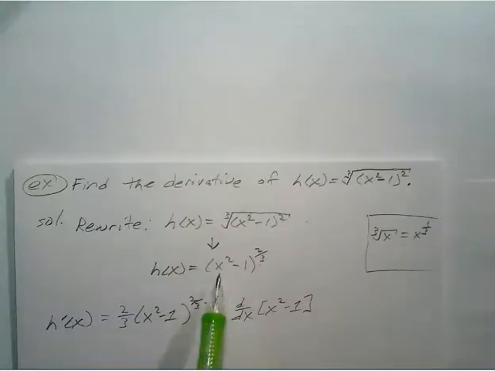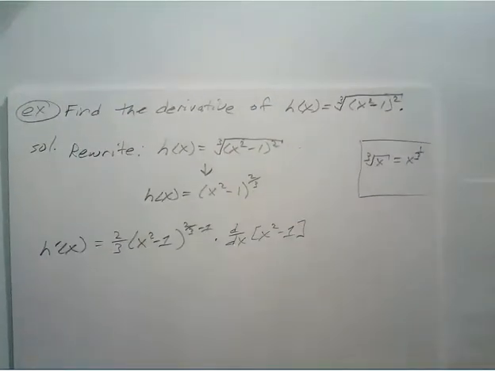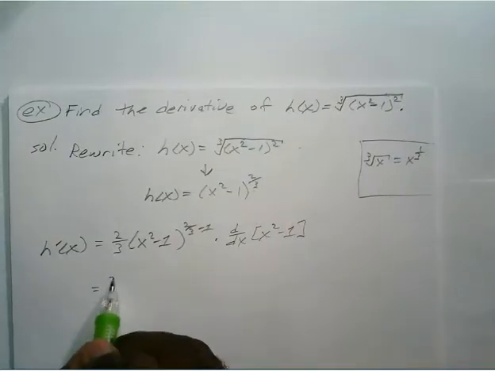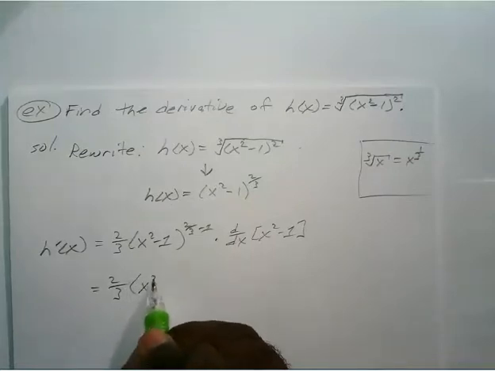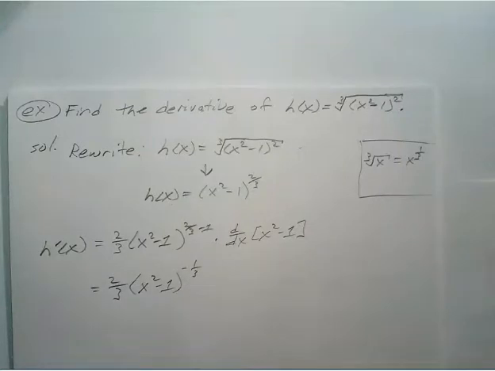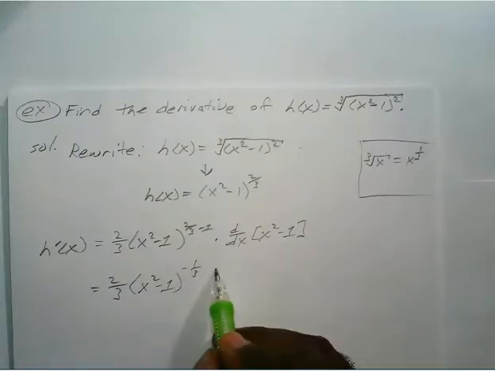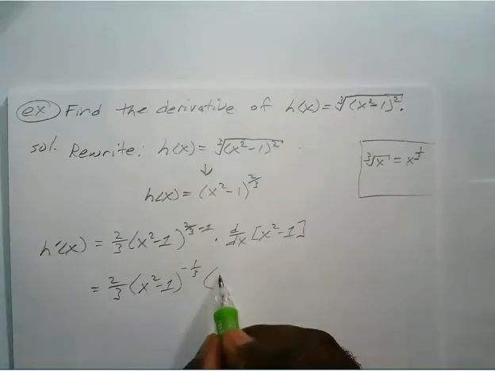Once again, the derivative of the whole thing times the derivative of what's inside. All right. Okay, so we go ahead and simplify this. That's going to equal 2/3 times x squared minus 1 to the negative 1/3 power, times the derivative of x squared minus 1, which is just 2x, and that minus 1 becomes 0.